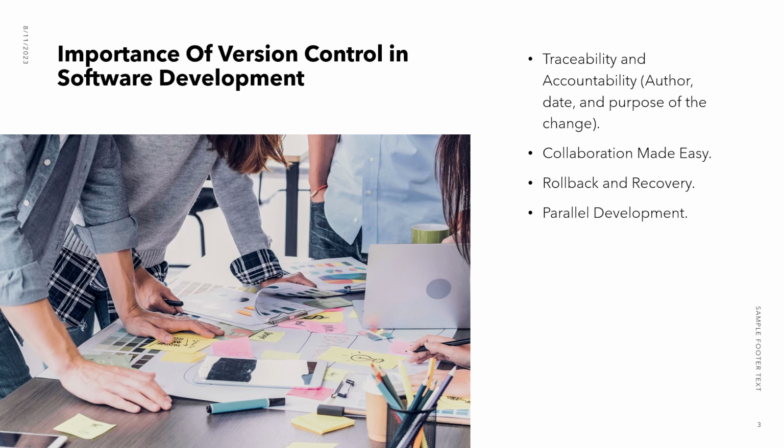So we can go back in time to see who was the author of a particular change, what was the purpose of that change, and look at most of the changes that were made by a particular author within the software development lifecycle. So that is the aspect of traceability and accountability.